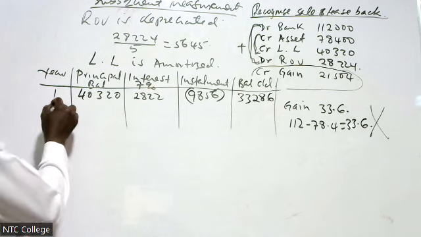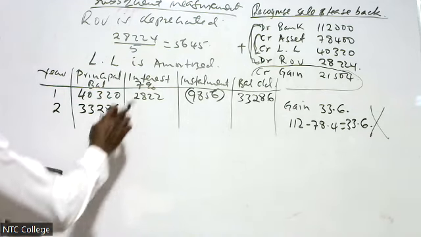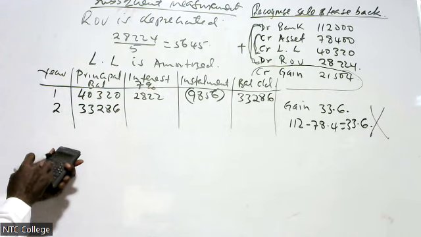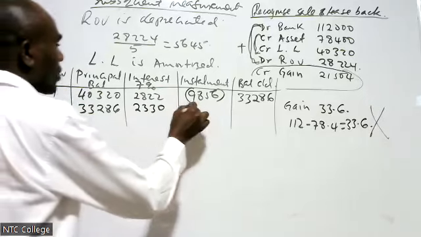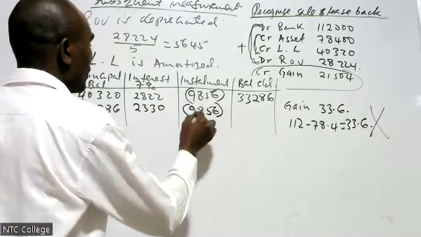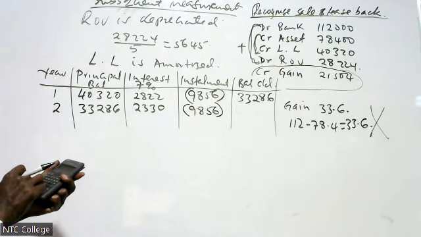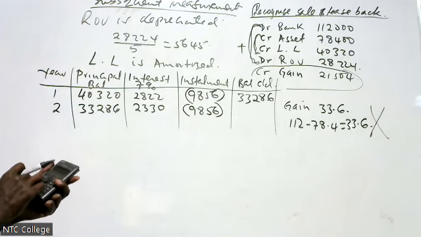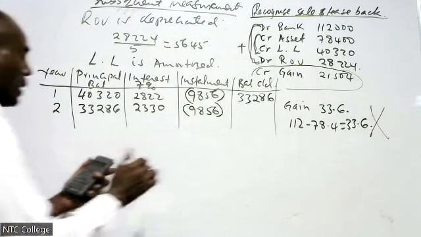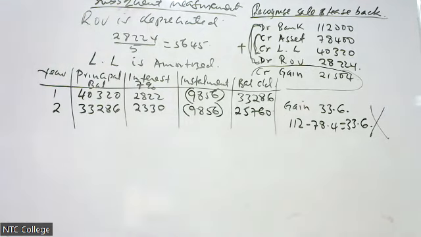Then in year 2, I bring here 33,286. I charge interest on it, my installment is 98.56, and I'm having 25,760.